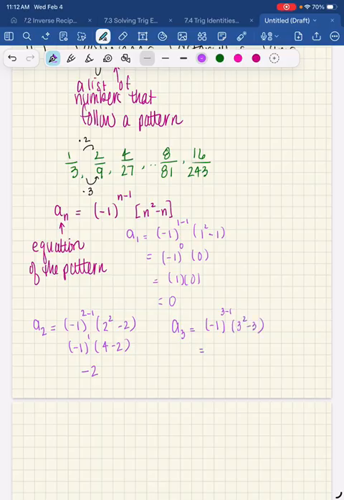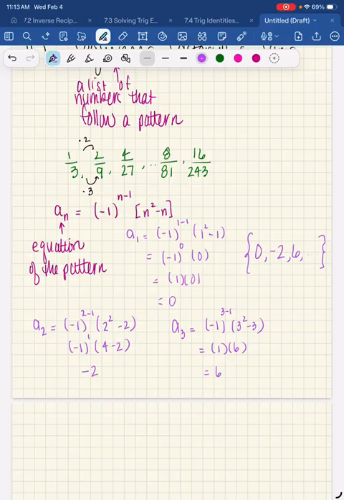So that's going to be -1 squared, which is 1, and that's 9 minus 3, I hope, is 6. So the numbers in this list would be 0 as the first number, -2 as the second number, 6 as the third number, and so on.